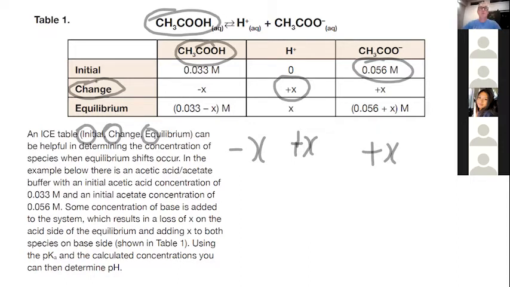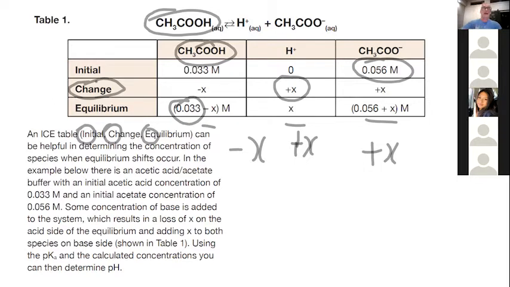Then at equilibrium, our concentration of acetic acid will be the initial concentration minus X, the concentration of H plus will be X, and the concentration of acetate will be 56 millimolar plus X.